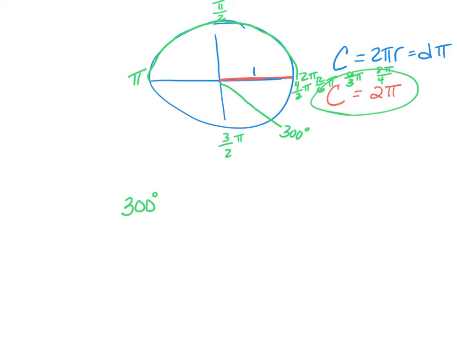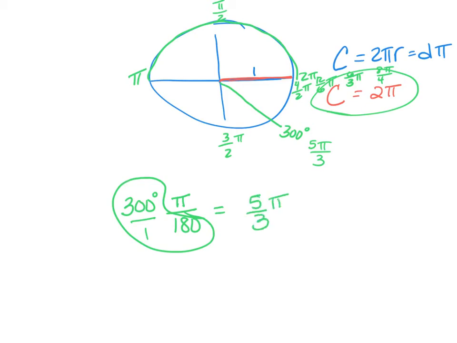So that is equal to 5 pi over 3. Got it? Well, let's see what happens when I do the formula. I take my degrees, I multiply it by pi over 180, and what you're going to do in your calculator is just put this in as a fraction, 300 over 180, and hit math, enter on your calculator.